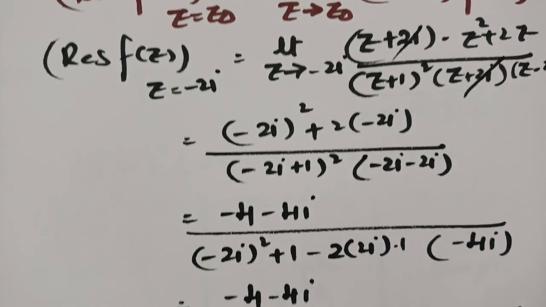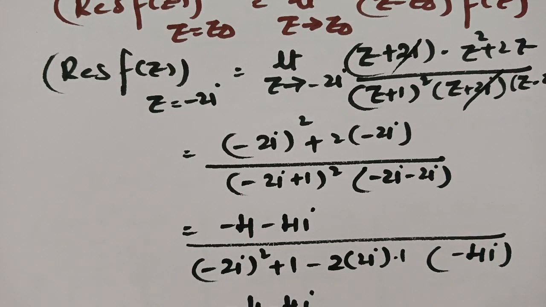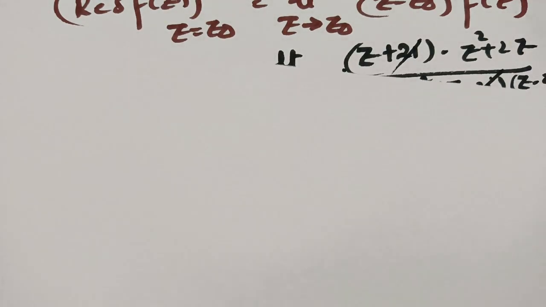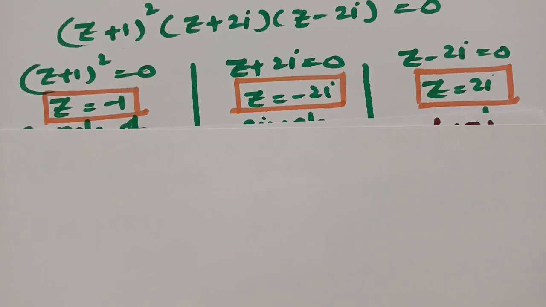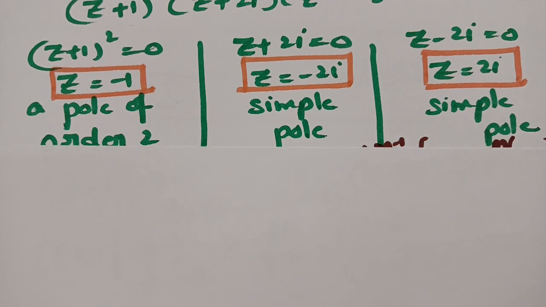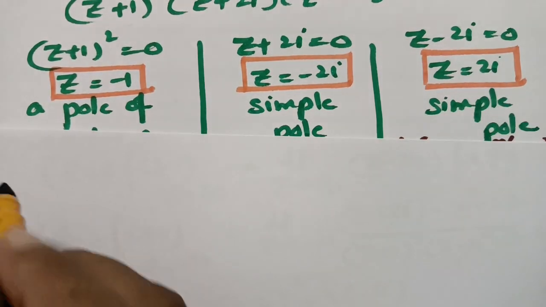And the next one, the residue value for the simple pole z is equal to plus 2i. See, the next simple pole here is z is equal to 2i. So now we have to find out the residue of f of z for the simple pole z is equal to 2i.